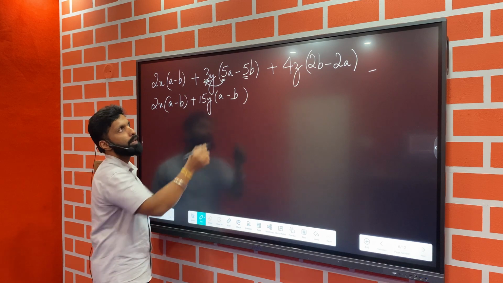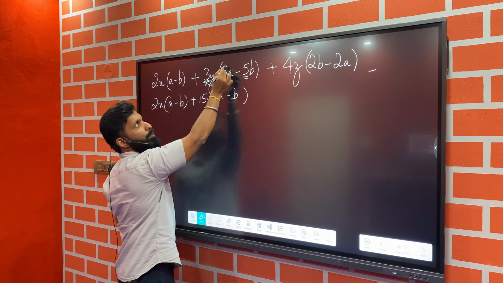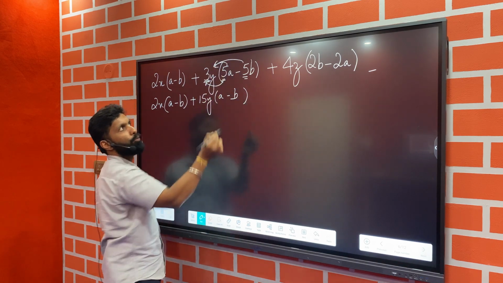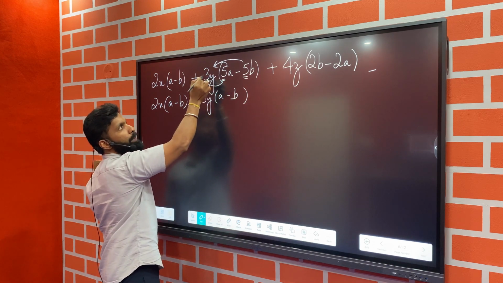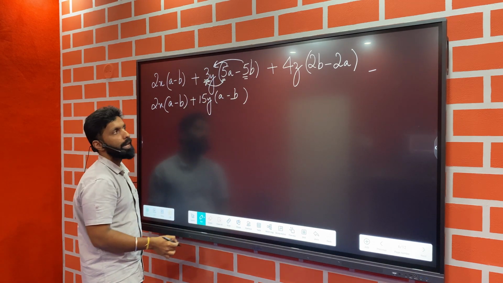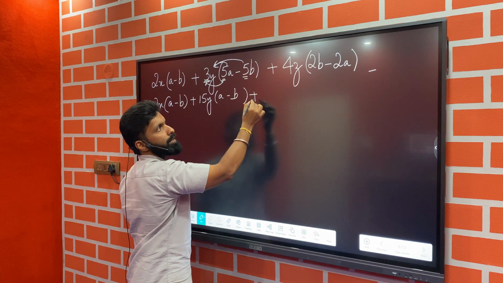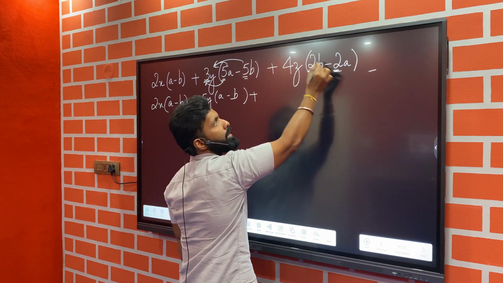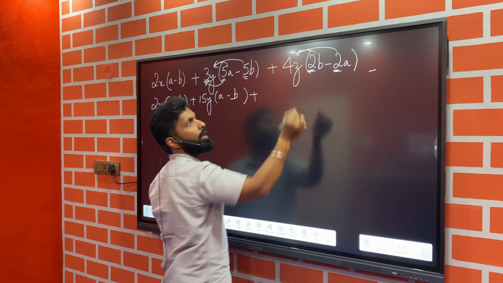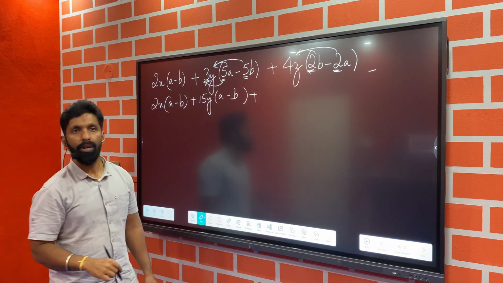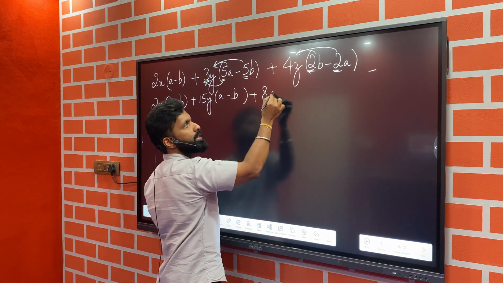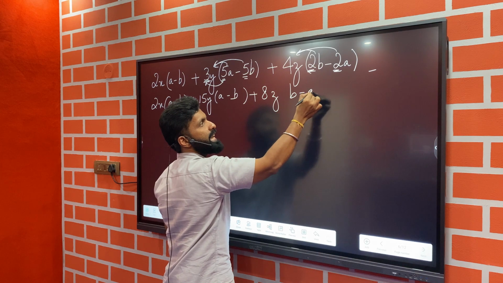I hope you understood. 3 is already here. I remove this 5 common. So 5 multiplied by 3 becomes 15. Okay. So a minus b plus 2 is common here. So both the 2's, I just remove it common once. Okay. So 2 4s are 8z b minus a.